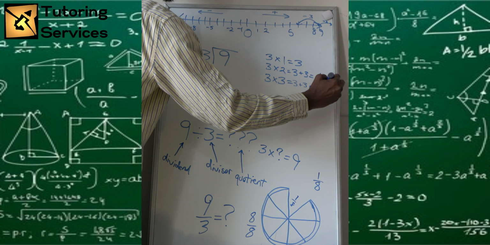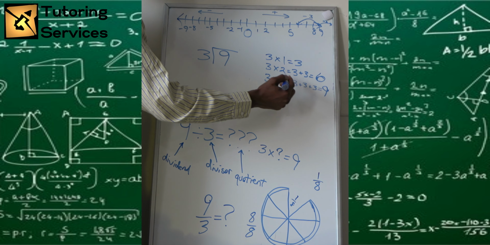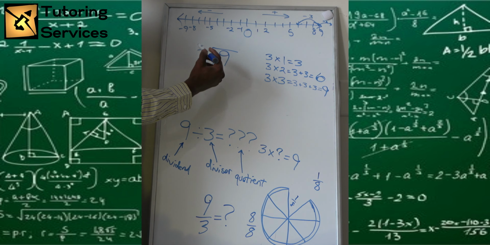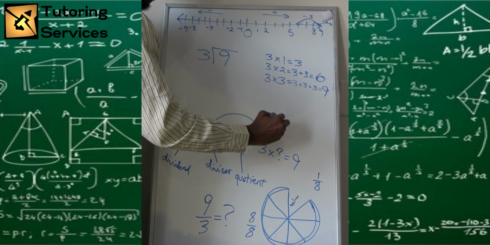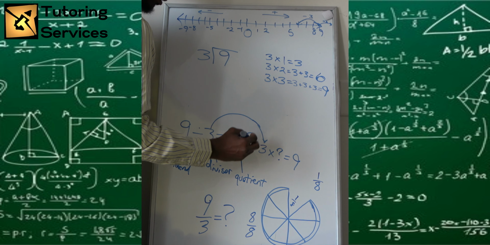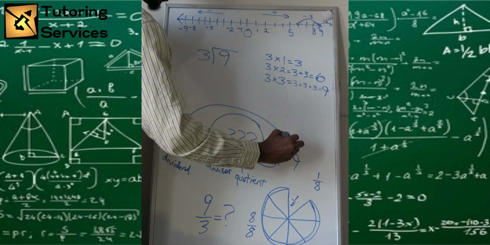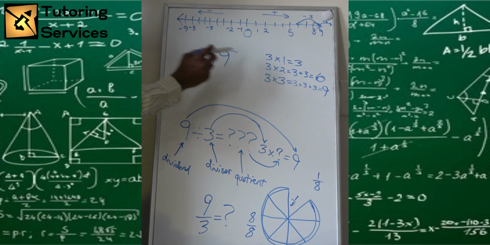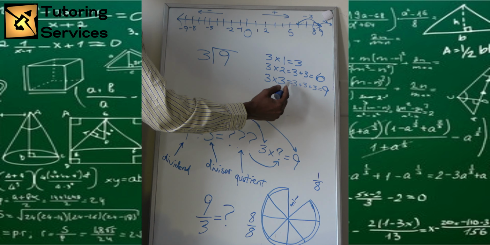So that means that's your answer. If you multiply this divisor, 3, by the number 3, you will get the exact dividend.